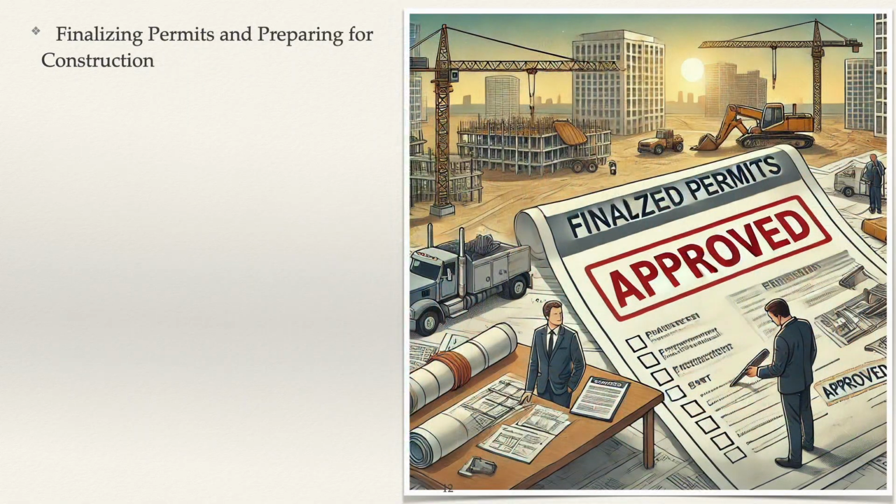Five. Finalizing permits and preparing for construction. A. Permit issuance and documentation. Once permits are issued, the contractor retains official copies in the project office. These permits should be easily accessible for reference during inspections and audits.